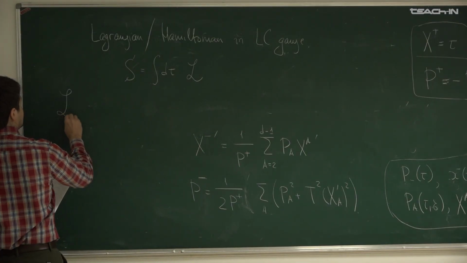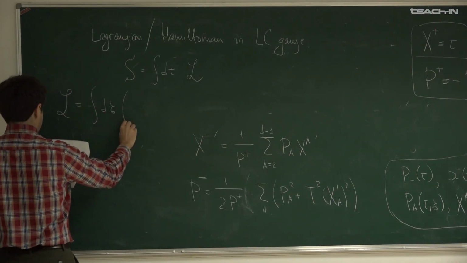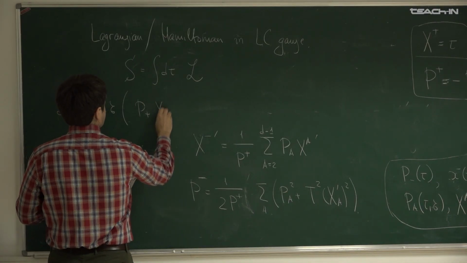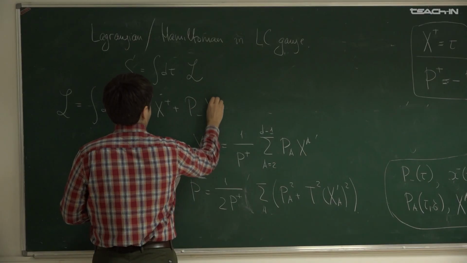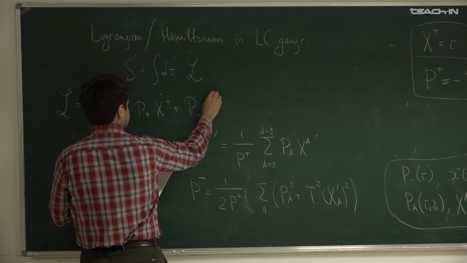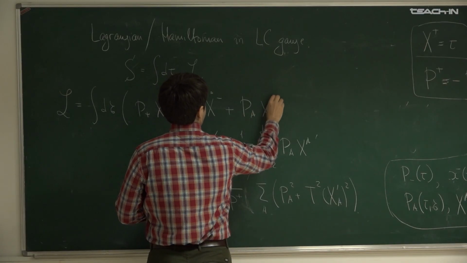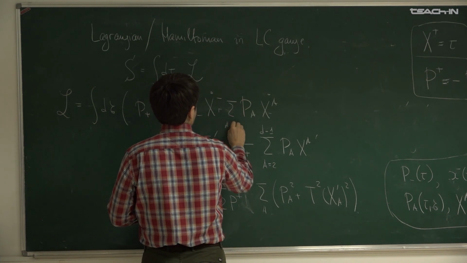So it's the integral over d sigma of p plus x plus dot plus p minus x minus dot plus p a x a dot, summing over a from 2 to d minus 1.